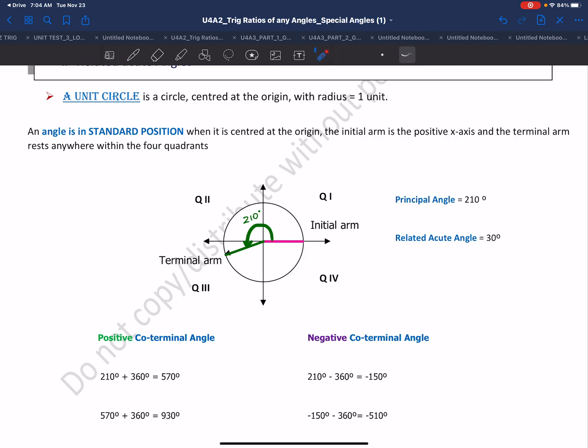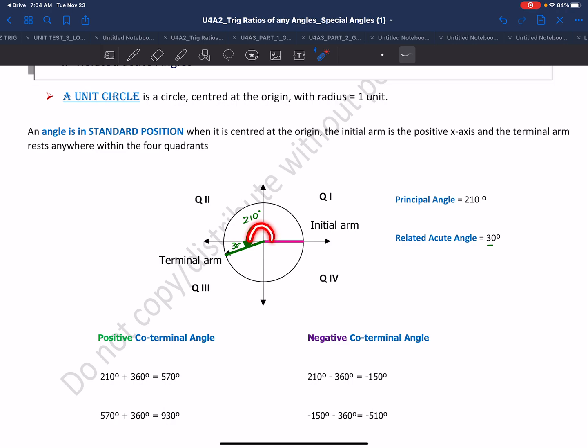Now, any angle, regardless of where the terminal arm is located, will make an acute angle with the x-axis, sometimes with a positive and sometimes with a negative x-axis. In our case, the principal angle of 210 degrees makes an acute angle with the negative x-axis, and this would be 30 degrees.